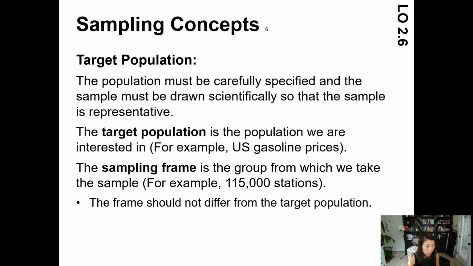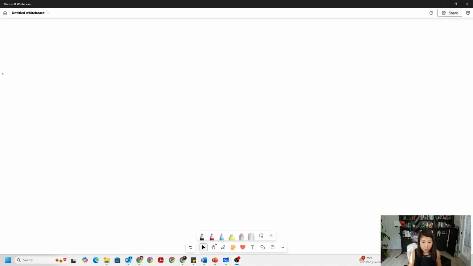Okay, before we move on to our practice question, I want to summarize the concepts we just learned in this part of the learning objectives related to population, sample, sampling, statistics, and census, to make sure you are able to connect all of them together. So here's the idea. What we always care about is our population.